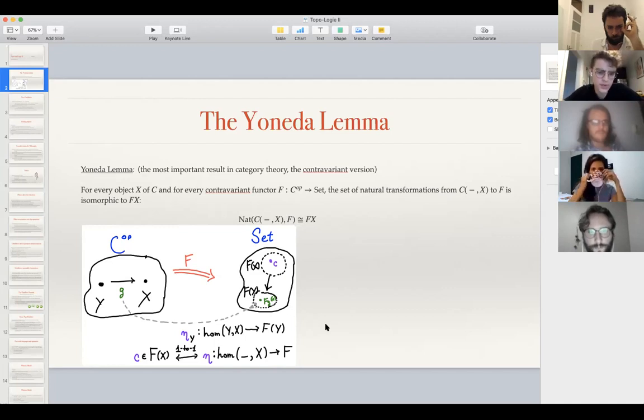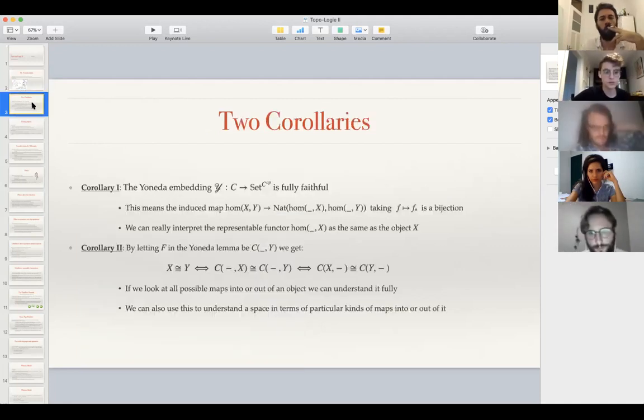What we really want to stress again and again is that we understand an object by its morphisms in and out of it. Then we have two important corollaries from the Yoneda lemma that we want to keep in mind. The first is about the Yoneda embedding, the functor that sends an object to its presheaf.